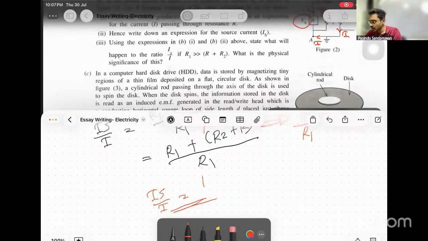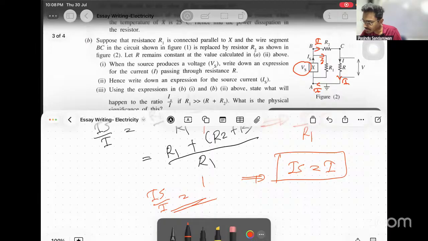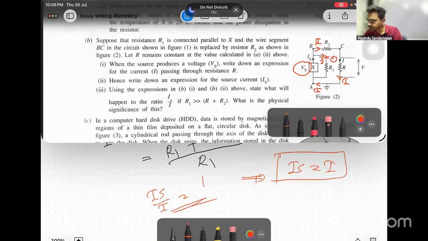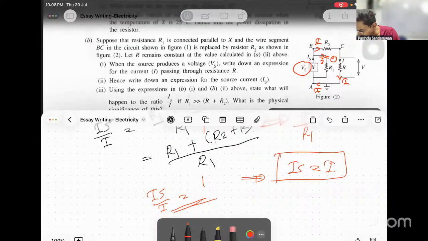Is over I equals 1 means Is equals I. Now if Is equals I, hence, the current I becomes 0. Then physically, if it becomes 0, there's no current flowing through.